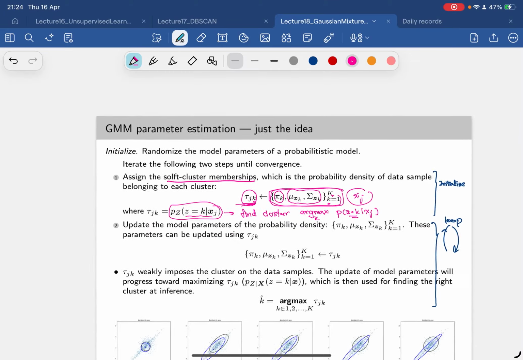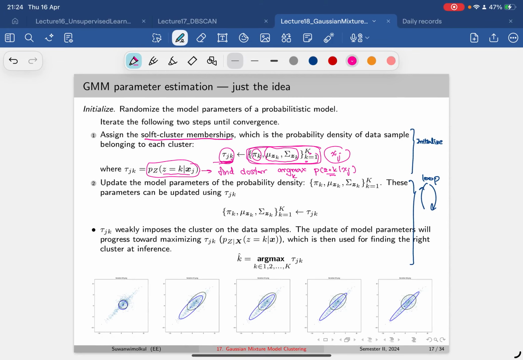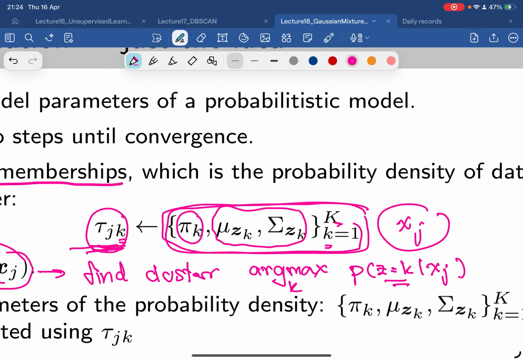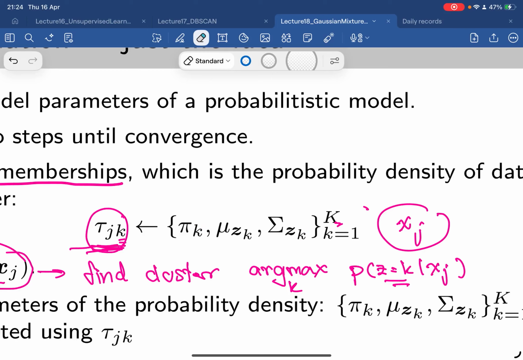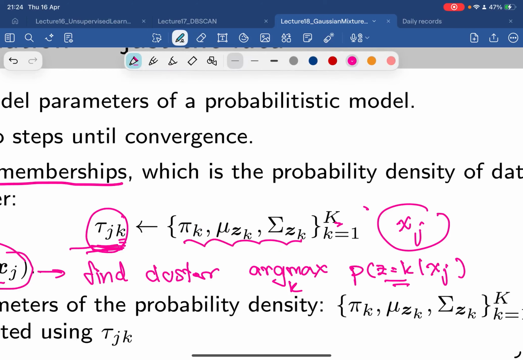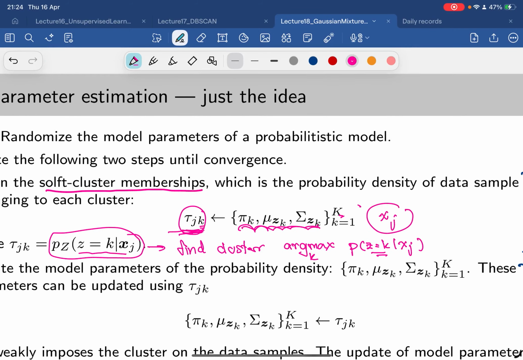Okay, right, but the thing is, normally these parameters are also unknown. So what should we do then? It's like we don't know these hyperparameters, yet we want to find what is the most suitable k, right?